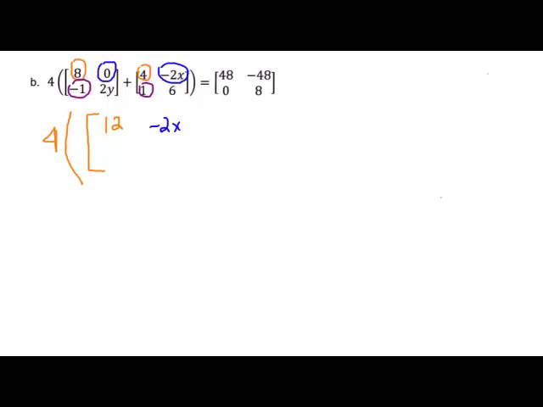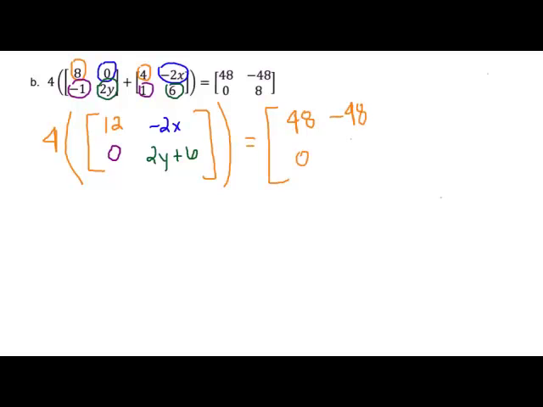Negative 1 plus 1 is 0. And 2y plus 6 is just 2y plus 6. And this is still equal to 48, negative 48, 0, and 8.